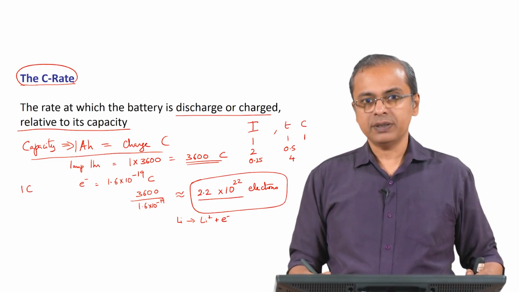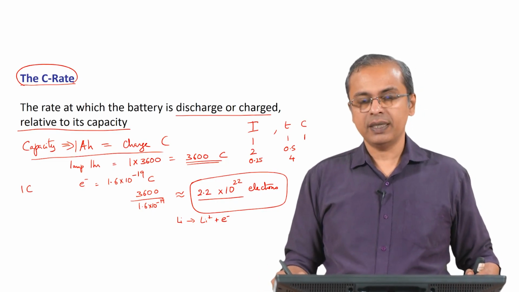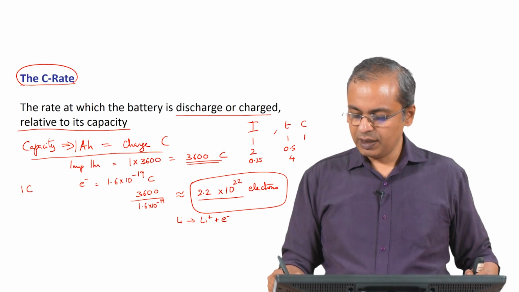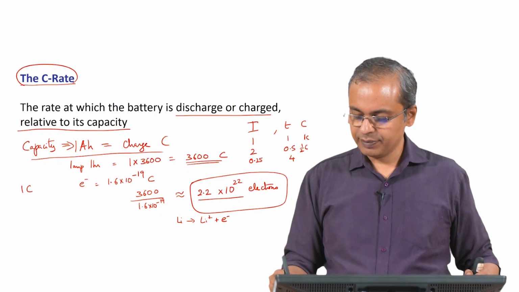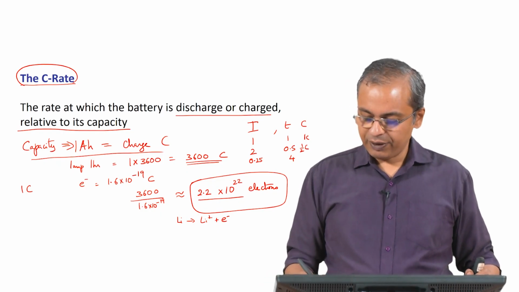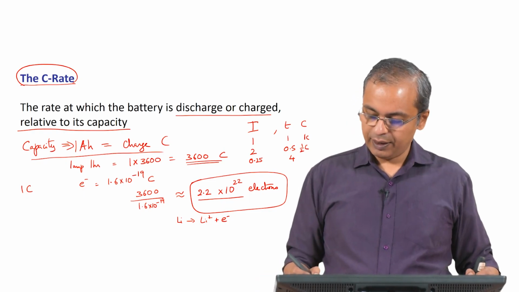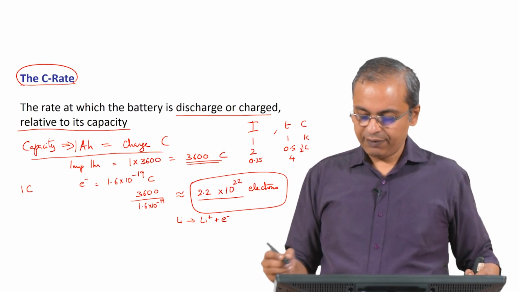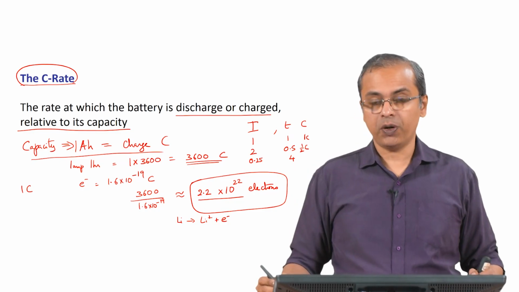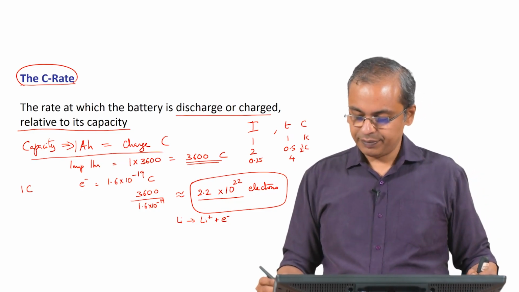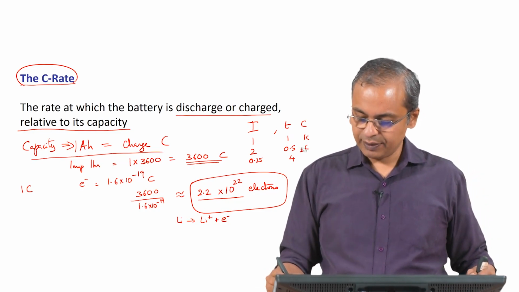If I draw 2 amps and it is going to get consumed in half an hour, this will become 2 C rate.